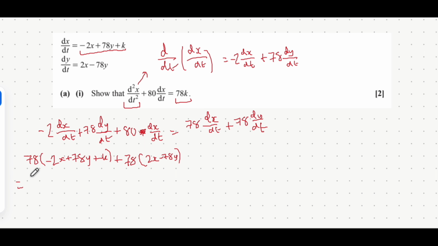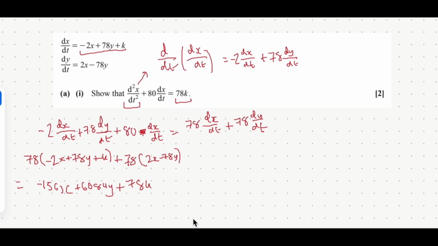So let's take this step by step. 78 times minus 2x is minus 156x. 78 times 78y is 6084y. Okay, 78 times k is plus 78k. 78 times 2x, I'm just going to very quickly double check that I'm doing everything correct here. You guys can skip ahead a few seconds if you'd like.